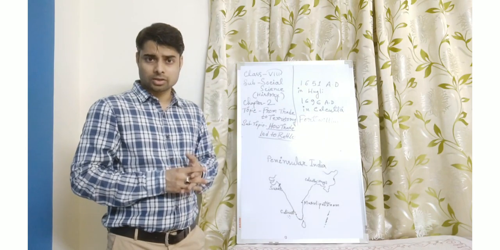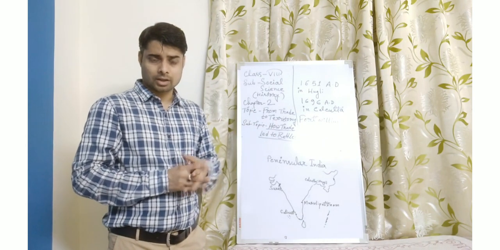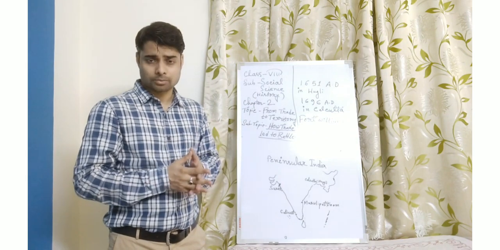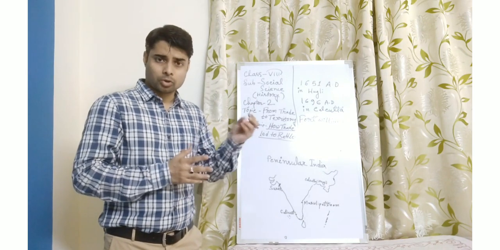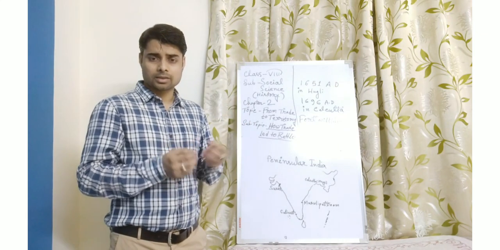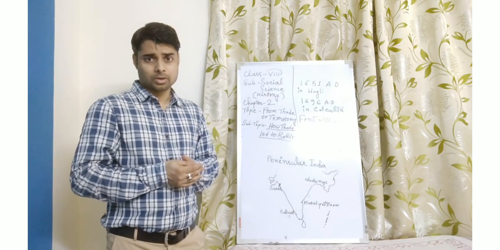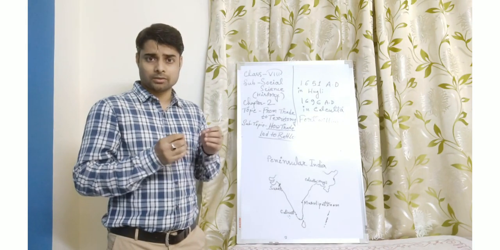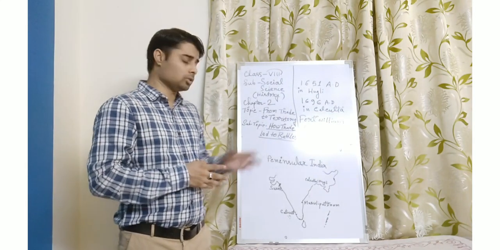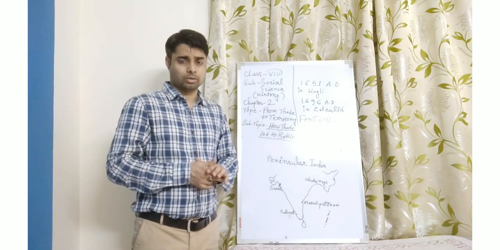They also needed to acquire more villages for their business, but they were not allowed. And the Mughal and the Nawab's officials all the time asked them for bribes. So it was very difficult for them to do business in Bengal after bribing the Nawab's officials.